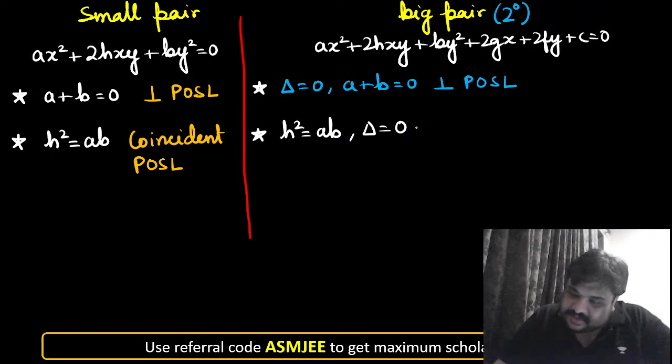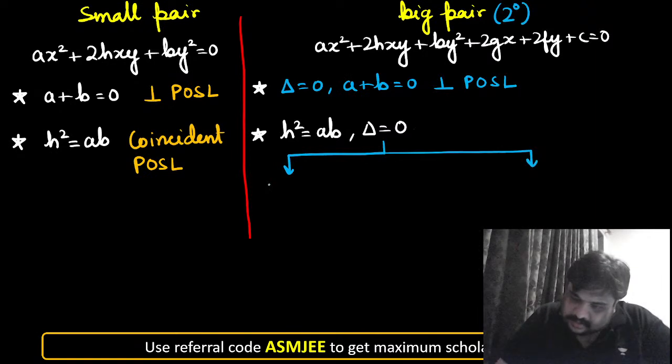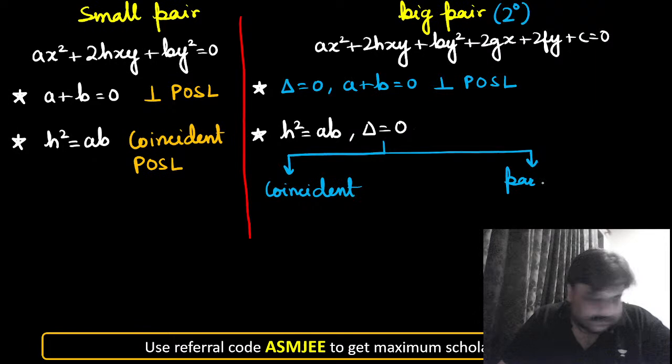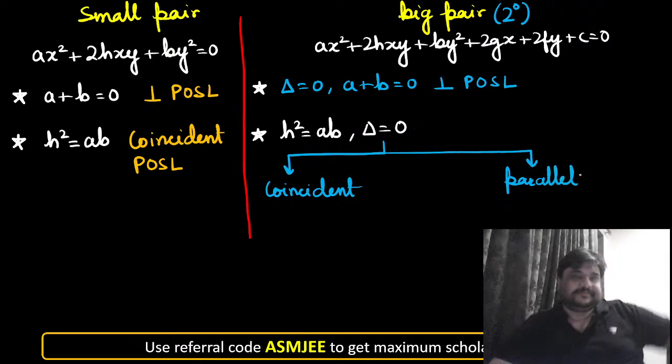Here you will have two cases. What are those two cases? One will be either coincident or parallel. There will be two cases here.